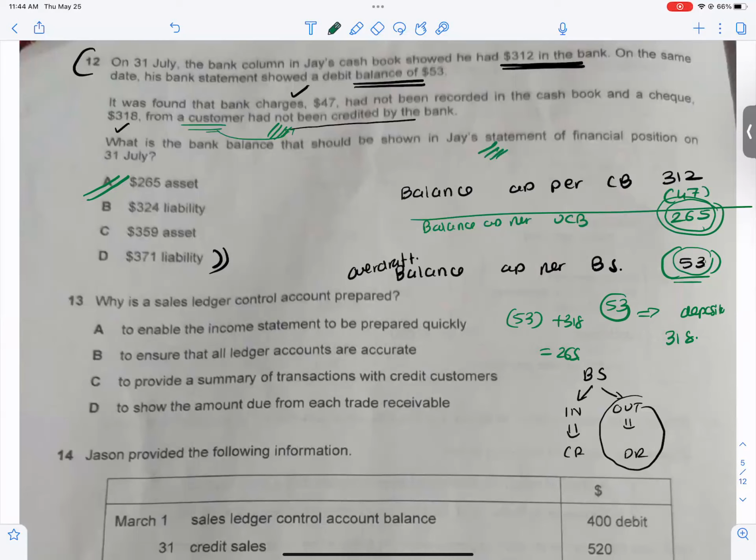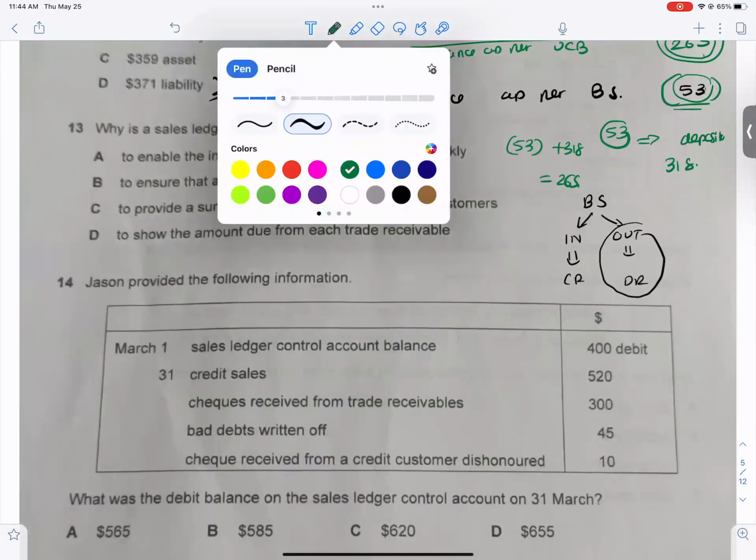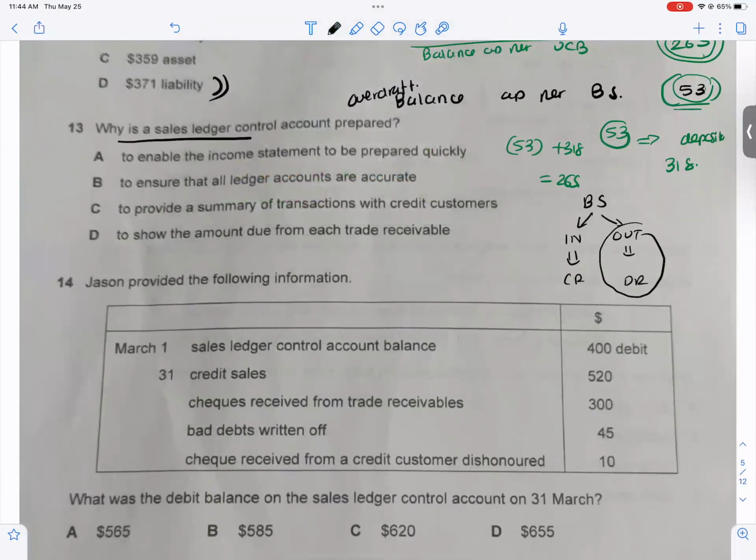Why is a sales ledger control account prepared? To enable the income statement to be prepared quickly, to ensure that all ledger accounts are accurate, to provide a summary of transactions with credit customers, to show the amount due from each trade receivable. Not the first one.